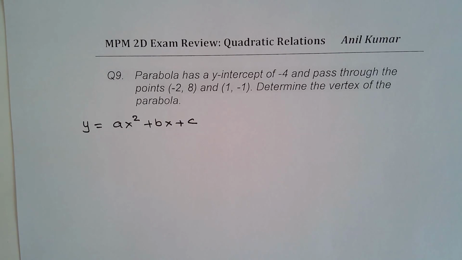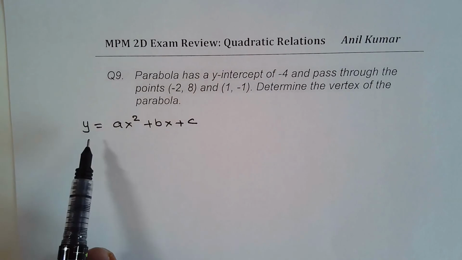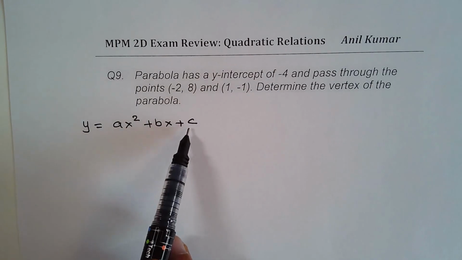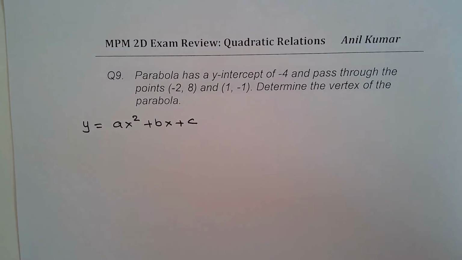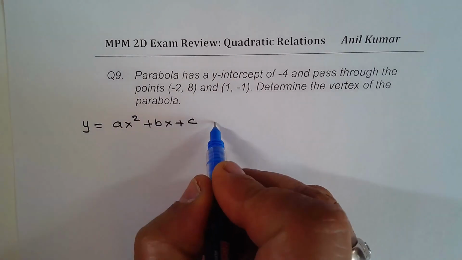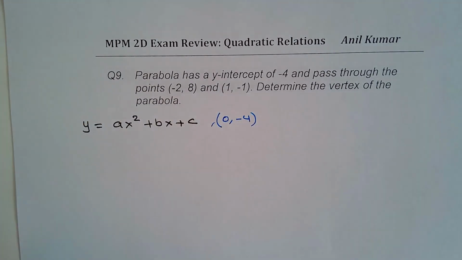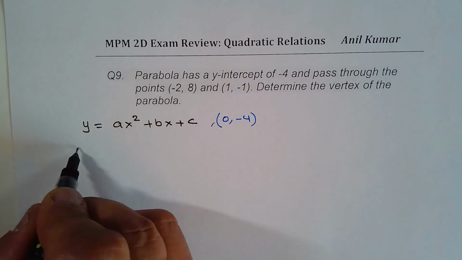Points are the y-intercept, which is minus 4. In this equation, c actually is the y-intercept, right? If you substitute 0, minus 4, which is the y-intercept, what do you get? Let's do it. Minus 4 for y and 0 for x.